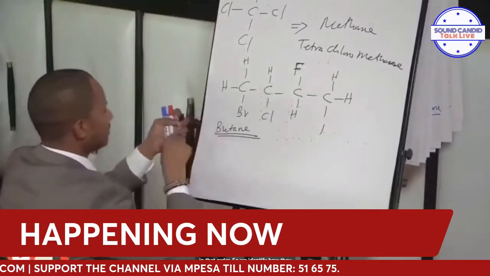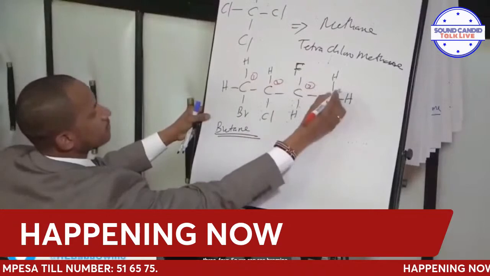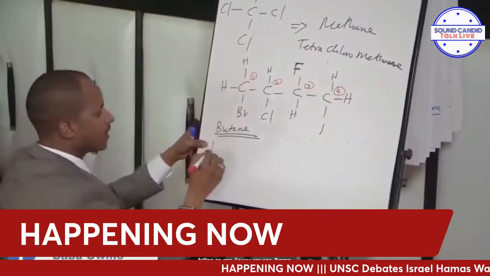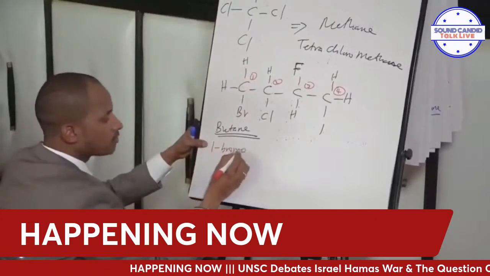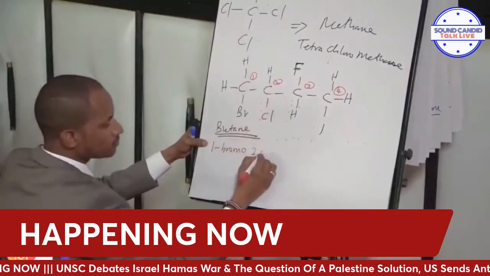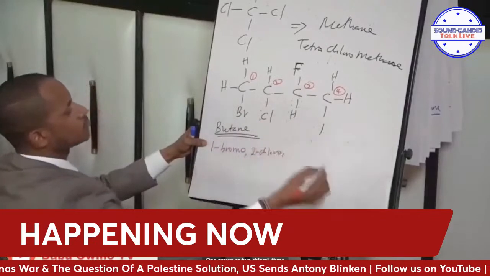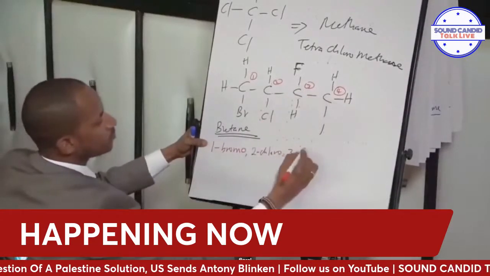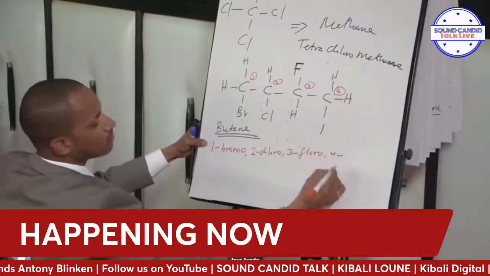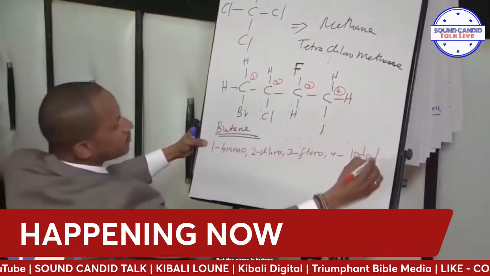So we identify how they fall in various chains, 1, 2, 3, 4. So we can see bromine falling on 1. So you say 1, bromo, 2, chloro, 3, fluoro, 4, iodo, but the name is butane.